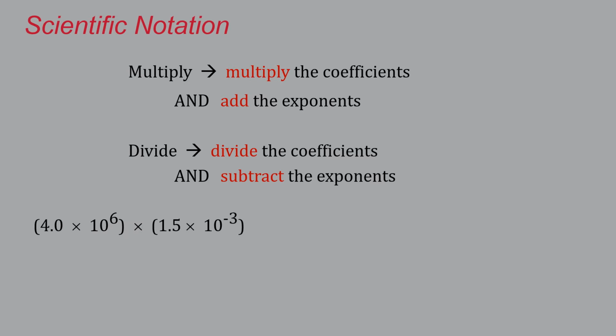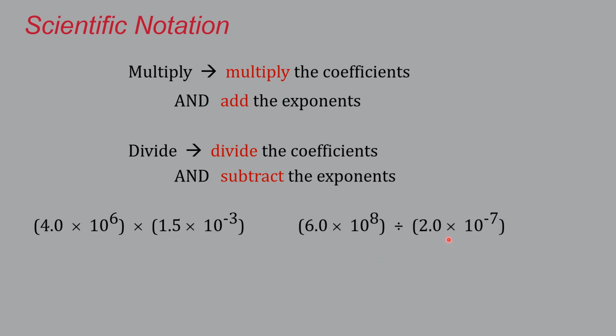Now, the old school way of doing this is if you're multiplying numbers in scientific notation, you multiply the coefficients, and then you simply add the exponents together. So this 4.0 times 10 to the 6th times 1.5 times 10 to the negative 3rd. The answer would be 4 times 1.5.